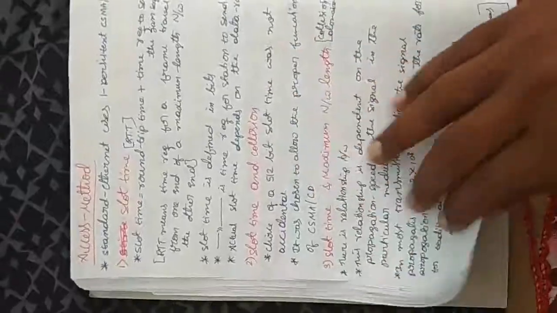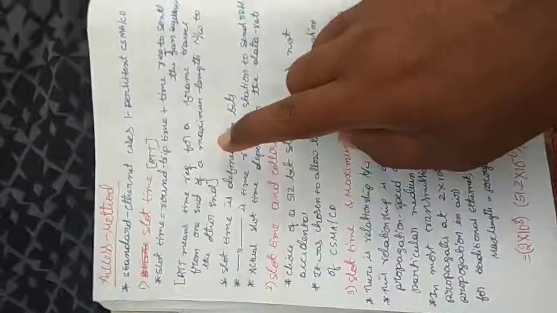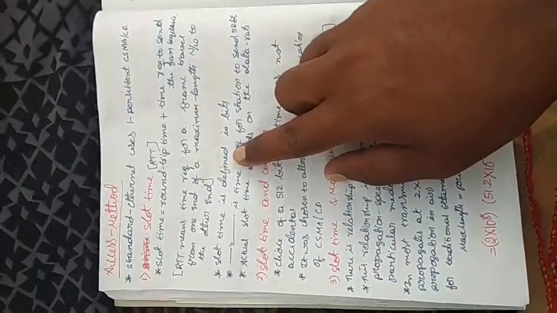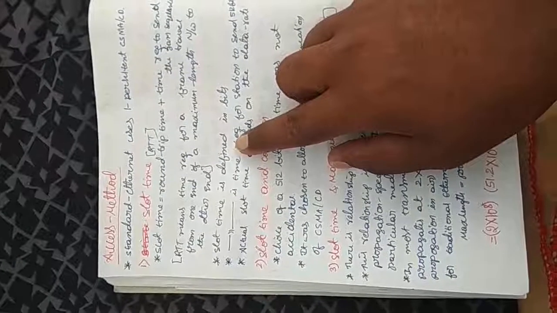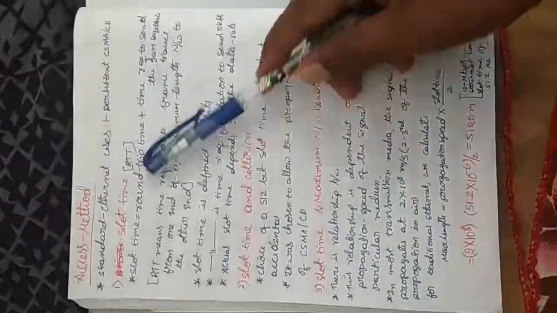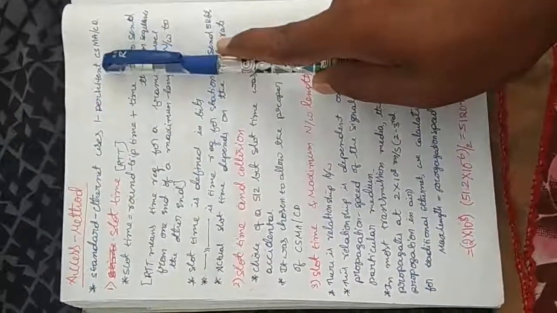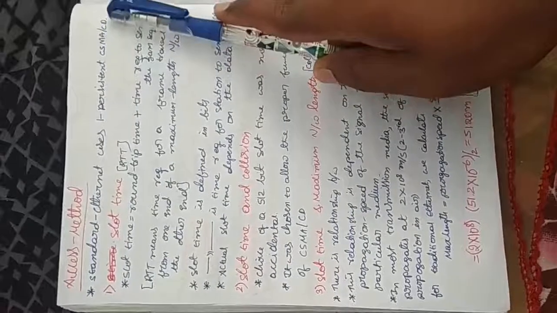First, we discussed characteristics and addressing in the last video. In this video I am starting from the access methods of standard Ethernet. Standard Ethernet uses 1-persistent CSMA/CD.